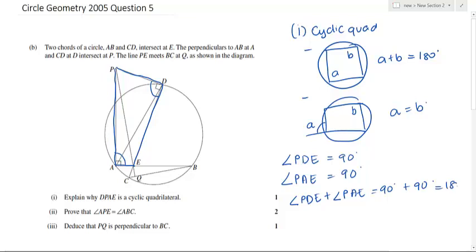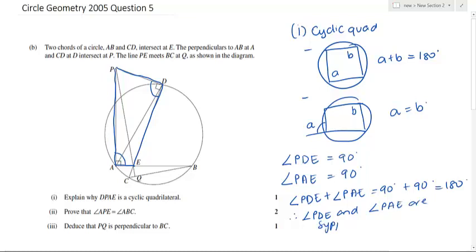We can say that these two angles are supplementary. Therefore, PDE and PAE are supplementary.